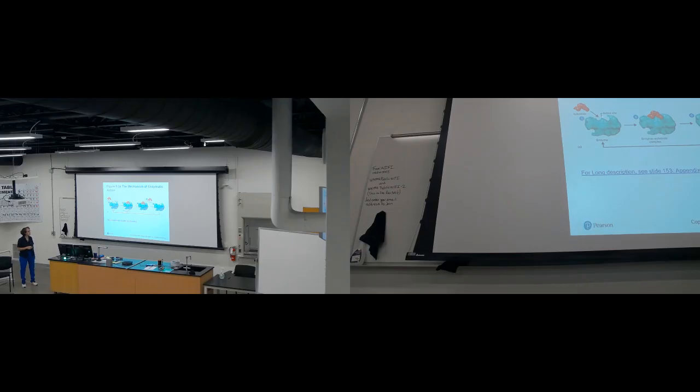Here is an enzyme with an empty active site, and once it binds to these reactants, it's going to form the enzyme substrate complex. Then it can break down or rearrange the molecules within this substrate, and then some products are released.